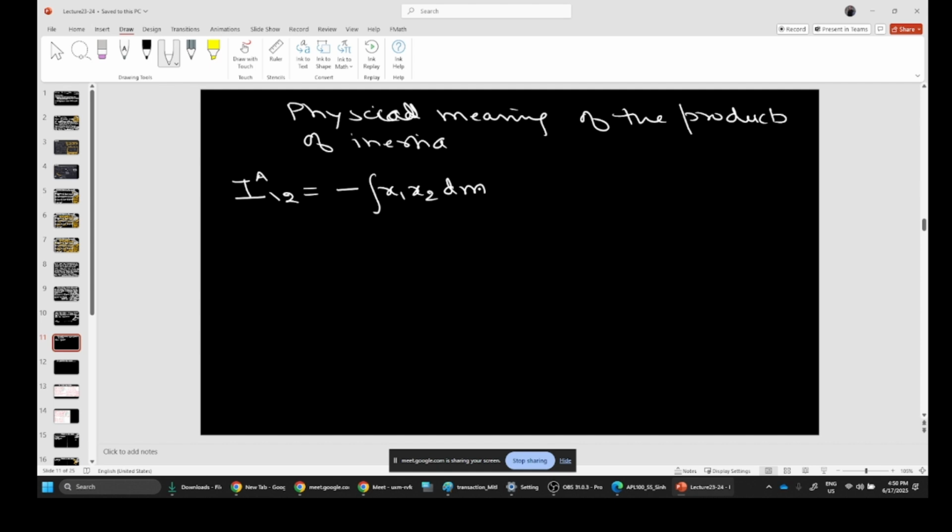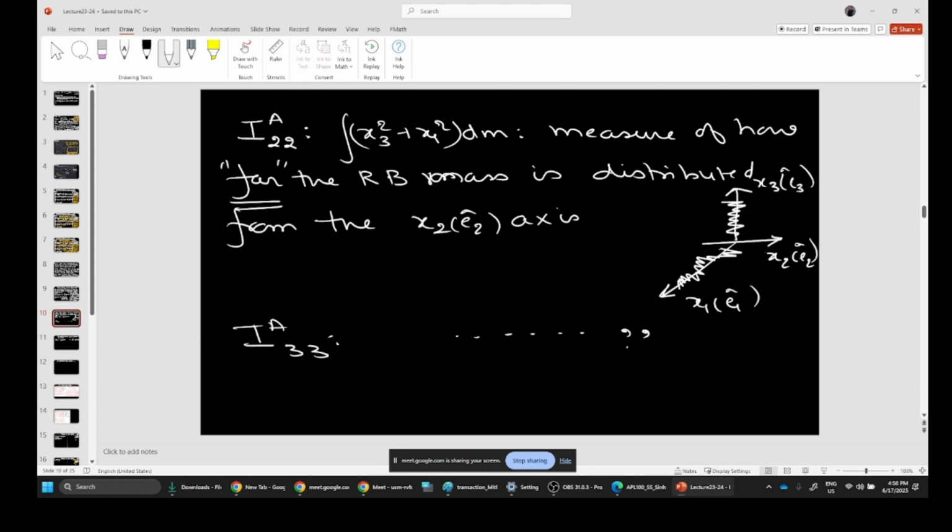But if you pay attention to the definition of product of inertia, it is very different from, say, something like IA11, which was this. Mathematically, it's very different. Okay? And thus, its physical meaning would also be different. You cannot use something like this to explain the physical meaning.